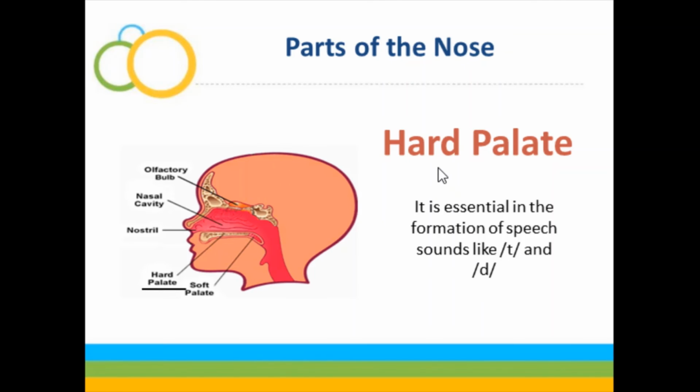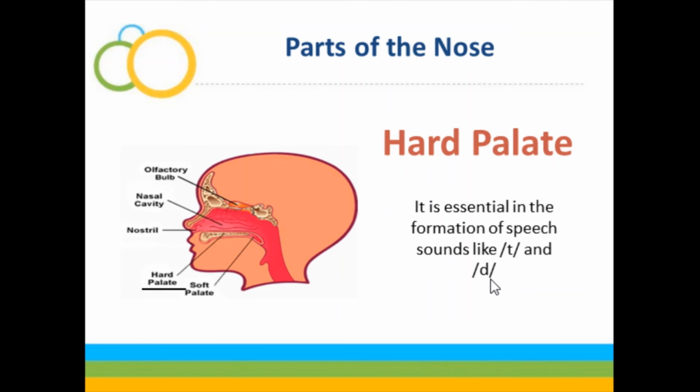Because of our hard palate, we can say sounds like t and d. That is why if some people have a problem in their hard palate, they can hardly say words that have sounds like t and d.